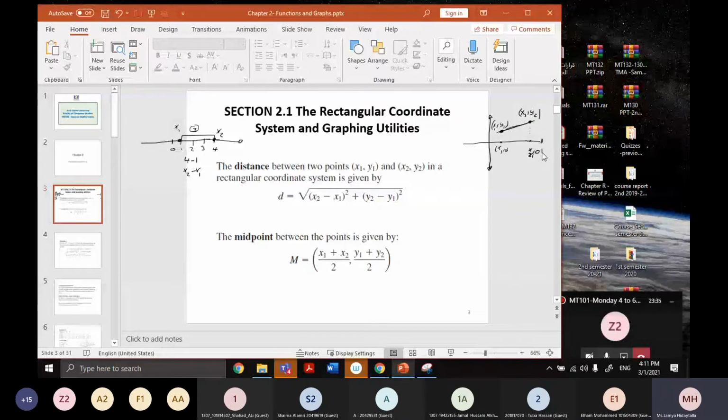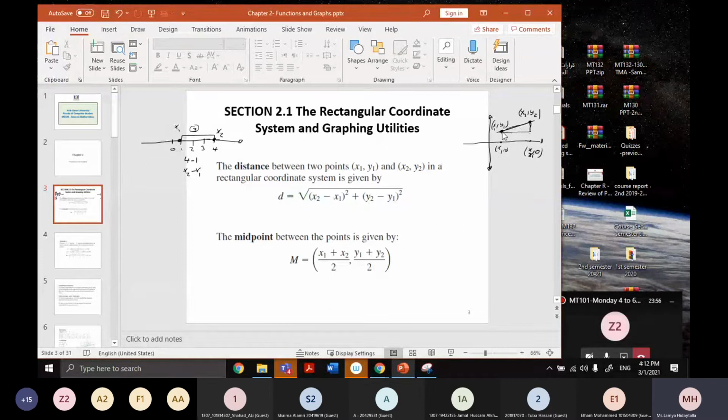Now if I need the distance between these 2 points, what can we do? We can draw a line that is parallel to the x-axis like that, and this one which is parallel to the y-axis like that. Okay, we have the Pythagoras theorem.